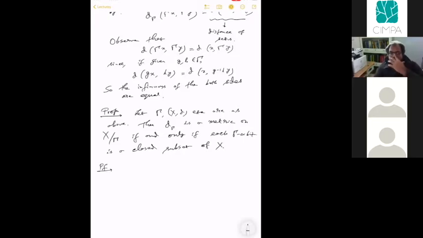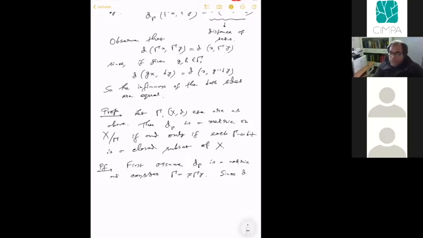First, assume d gamma is a metric and consider gamma x not equal to gamma y.